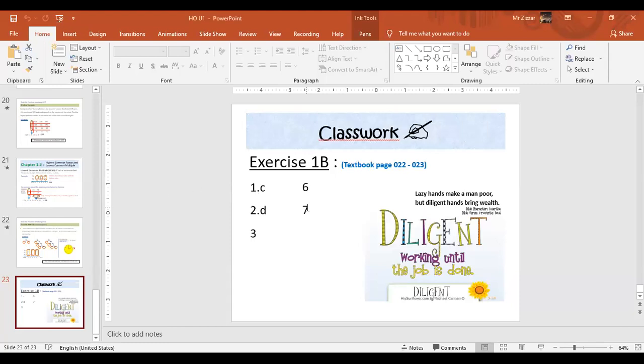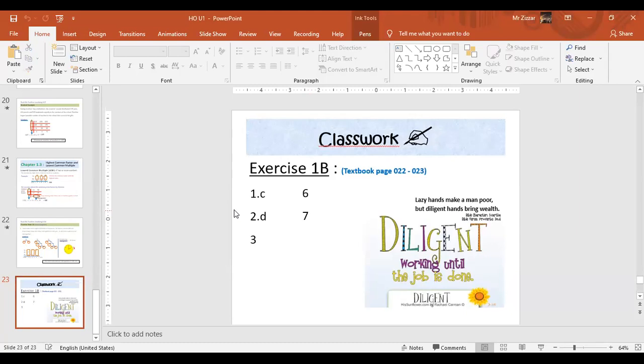So few, right? I mean, not so little, but few. Textbook pages 22 and 23. If you cannot do it, I will give you the idea of how to do the question. Oh wait, I have to find the book, but I need to stop the share because I'm finishing the recording.